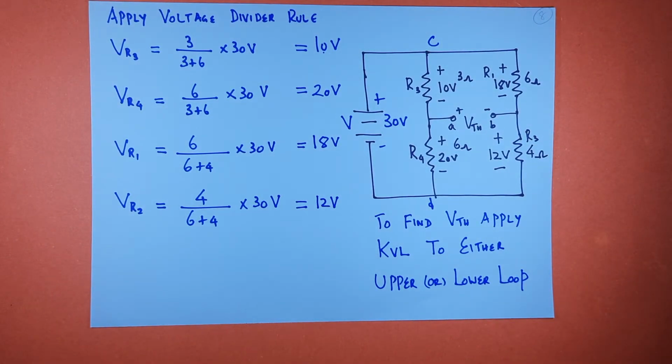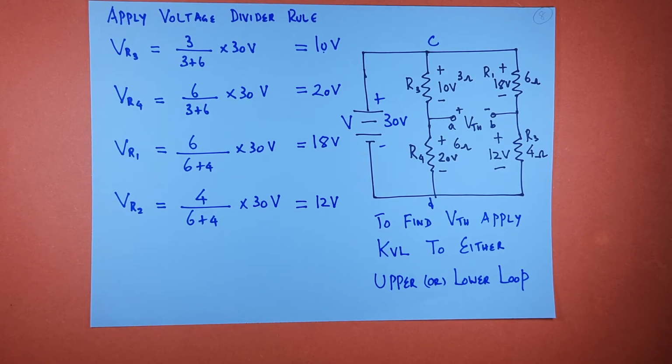You apply the voltage divider rule: VR3 equal to the value of that resistor divided by the sum of the resistors, 3 divided by 3 plus 6 multiplied by the source voltage. You get 10 volts. VR4 equal to 6 divided by 3 plus 6 into 30 volts, that is 20 volts.